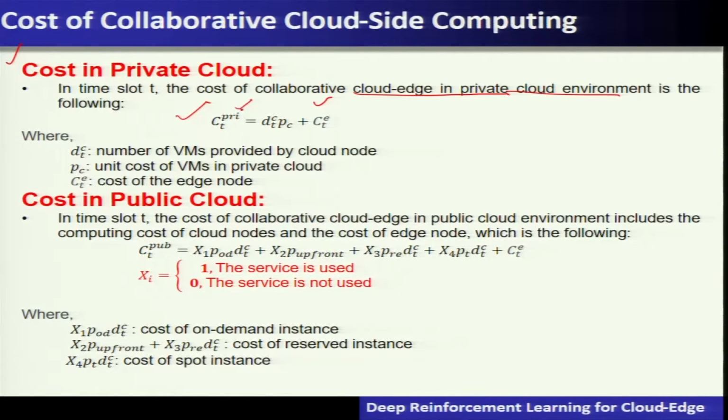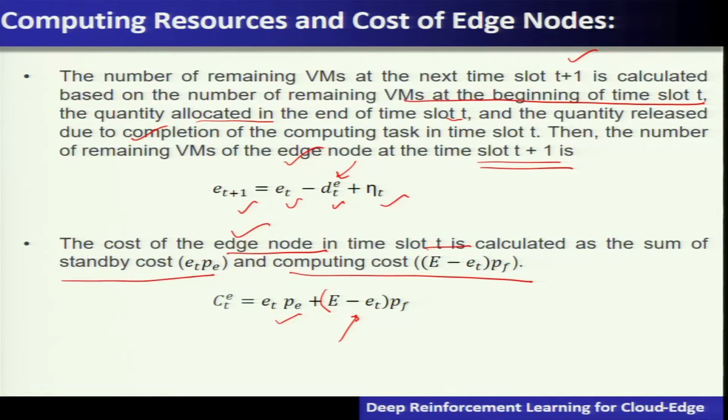The cost of using the private cloud, C of private cloud, is nothing but the demand met by the cloud multiplied by the per unit cost. So that is what is written, and then the cost of the edge which we have calculated in the previous slide. So let us refer to that.